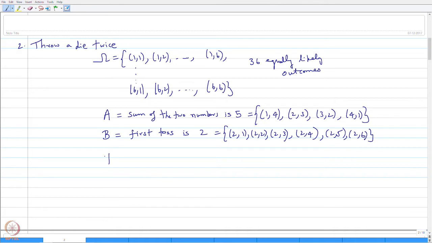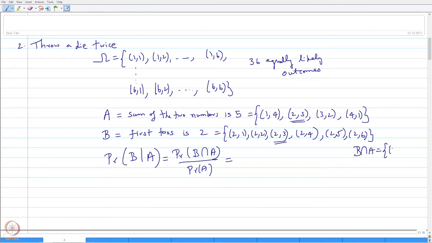I am going to ask the probability of B given A. Going by the basic definition, this is the probability of B intersect A divided by the probability of A. B intersect A is what? There is only one element in the intersection of B and A, right? This 2 comma 3 is the only common element, everything else is not there.